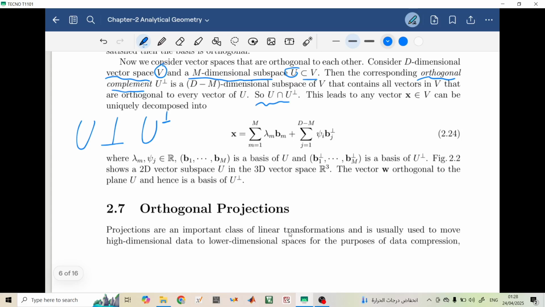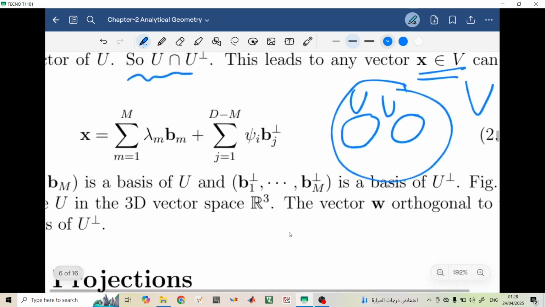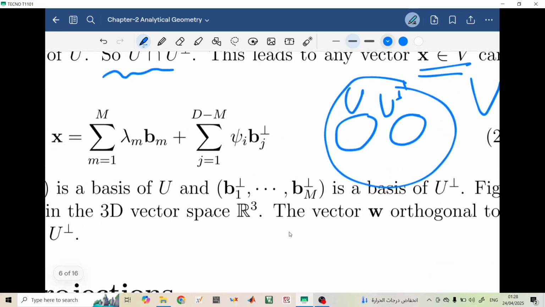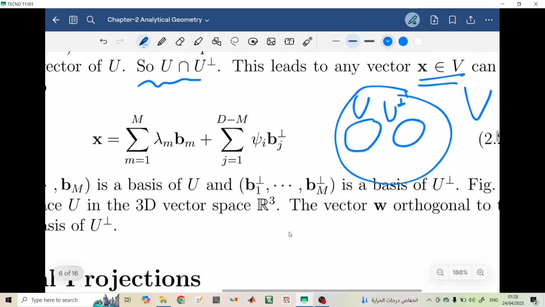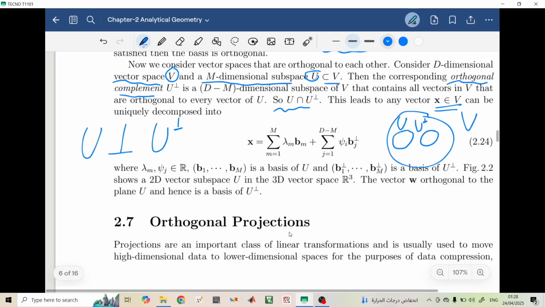We say that any vector in the original vector space that contains both of them, let's say this vector space V contains U and contains U perpendicular, so if we just draw it here, this is U perpendicular. Let's say that x belongs to V, so we can analyze x into two components.